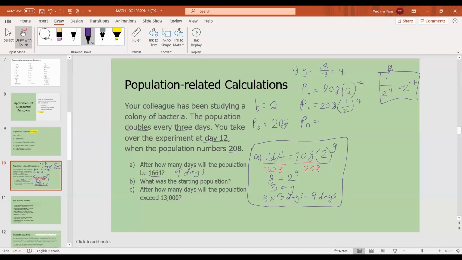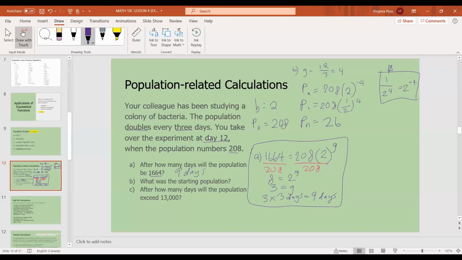So what we're going to do first is take the exponent, because remember the BEDMAS rule: brackets, exponents, and then multiplication and division. So we're going to take the exponent, which is just 1/2 to the power of 4, which will become 1/8, and then we take that 1/8 times 208, which will become 26.